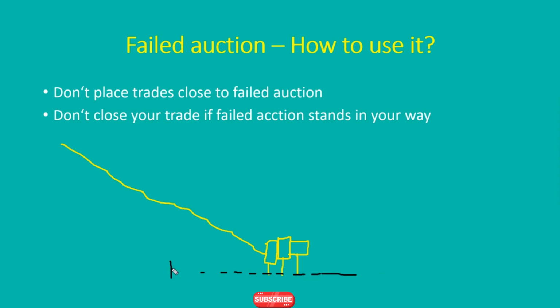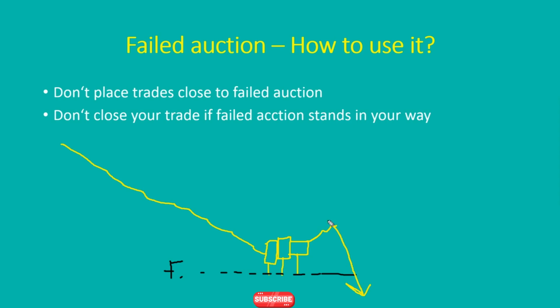So this is a failed auction. And let's say that right now you are tempted to close your position because maybe the price seems to be turning a bit. Maybe it's doing a little pullback. But because of the failed auction, there's a fair chance that the price will turn to test below the failed auction, at least 1 or 2 pips.